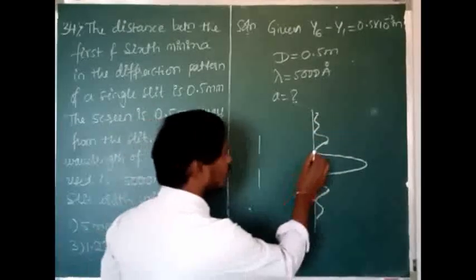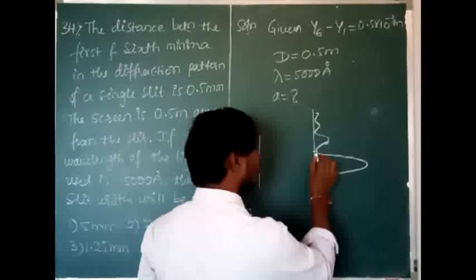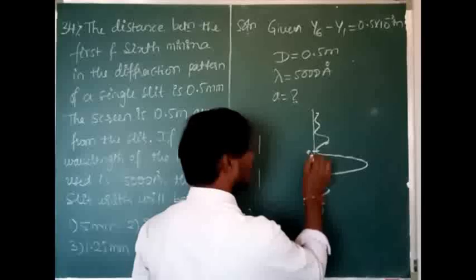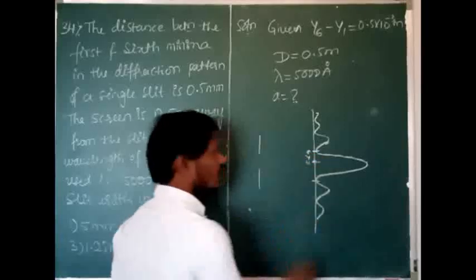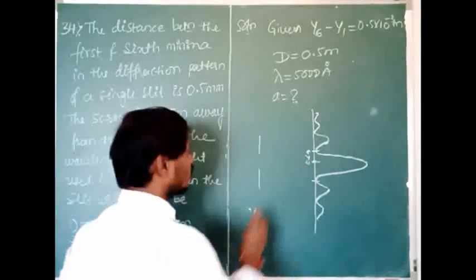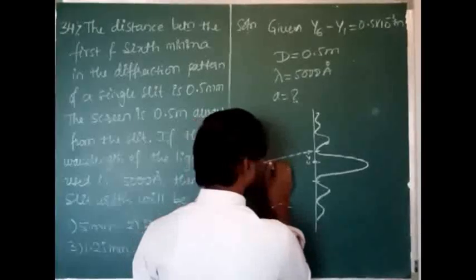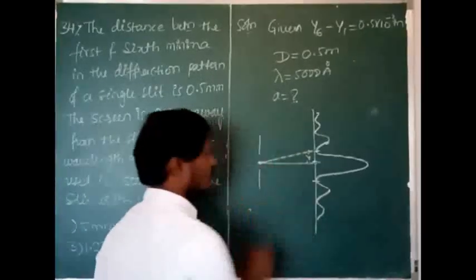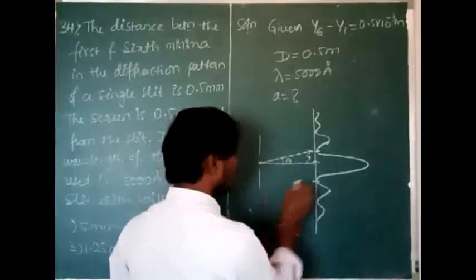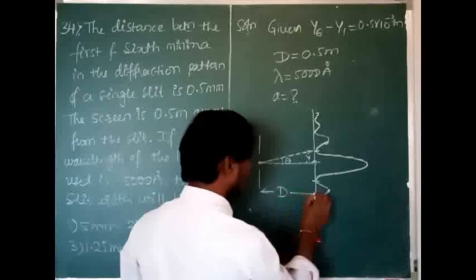Then it is called first minima, also called first minimum. What is the distance of the first minimum from the central maximum? That can be taken as y. Y gives the position of the minima here. Then the angular position of the minima from the center of the slit, that can be theta. Then the distance of the screen from the slit can be taken as capital D.